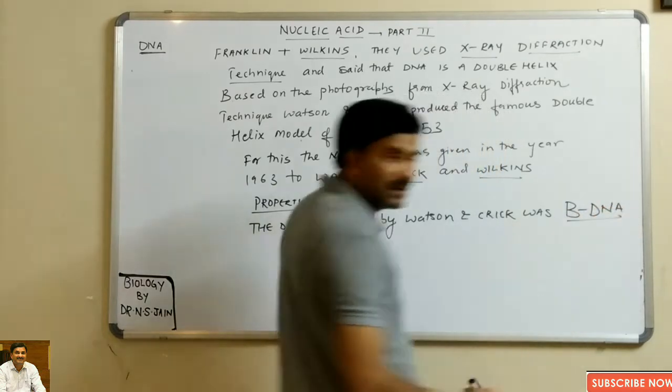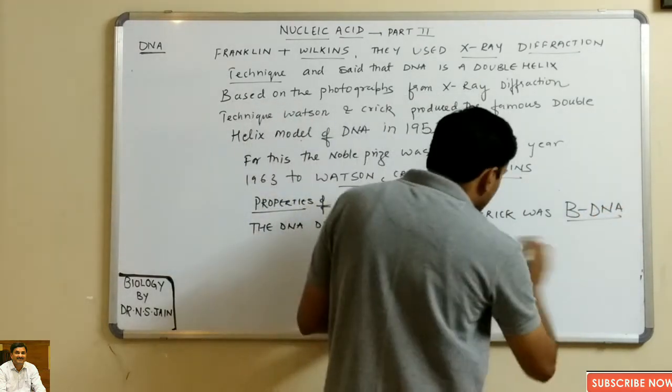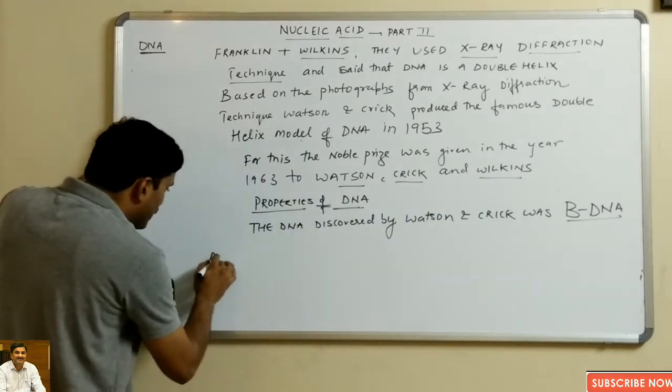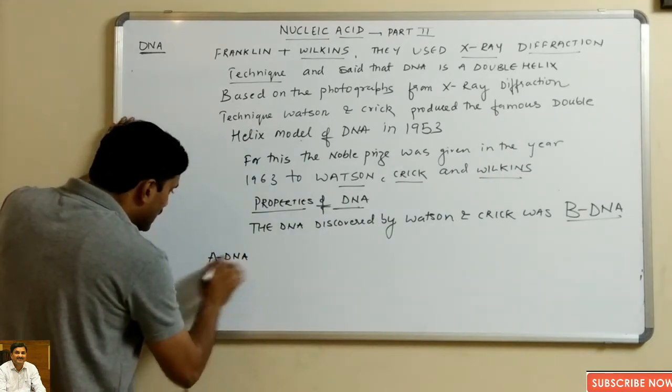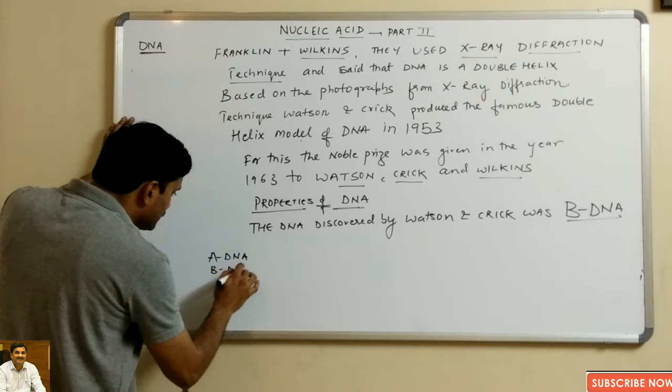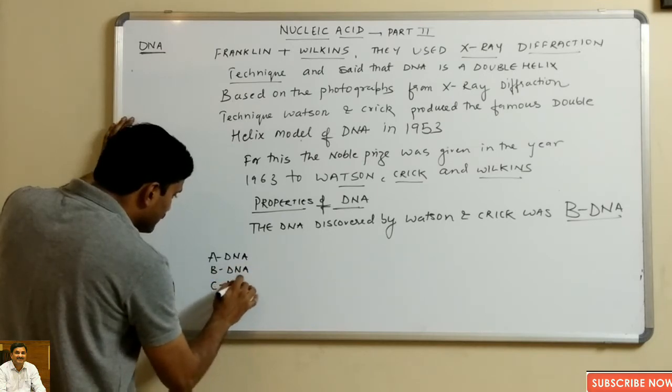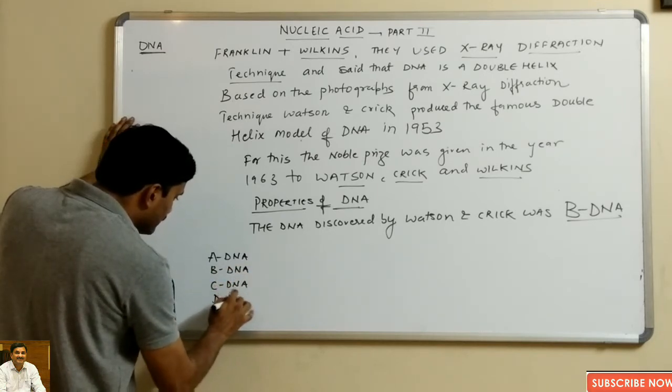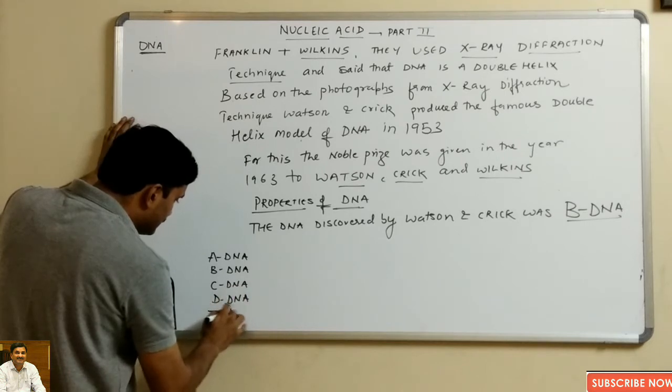One thing you must remember, that DNA is of different types. DNA may be of different types, say A-DNA, B-DNA, C-DNA, D-DNA and Z-DNA.